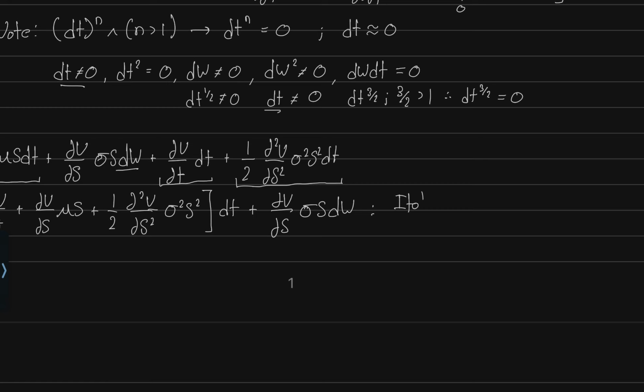And this is going to be the result of applying my Ito's lemma on geometric Brownian motion in the context of my financial derivative price as a function of s, which incorporates my geometric Brownian motion and time.